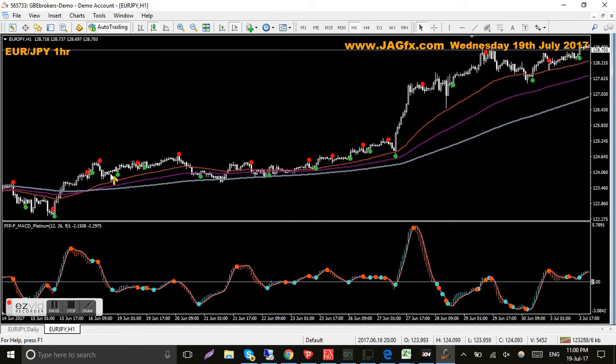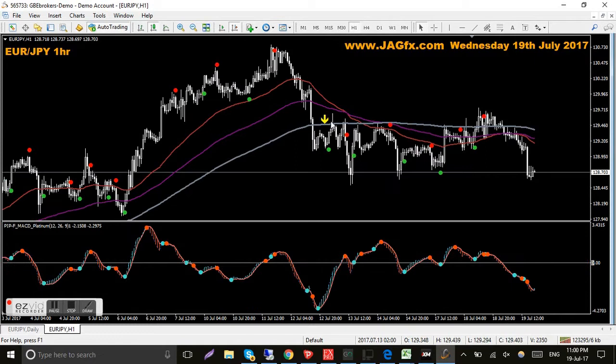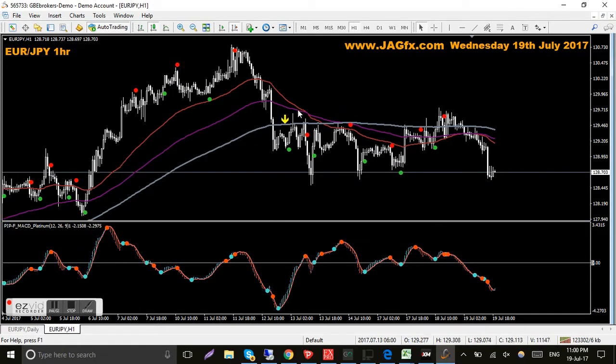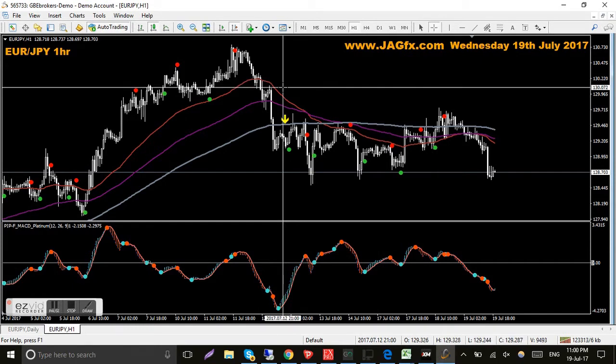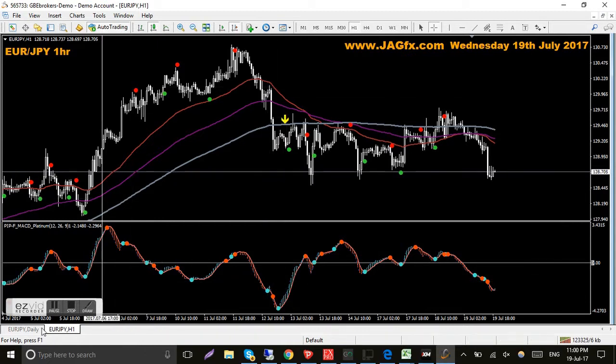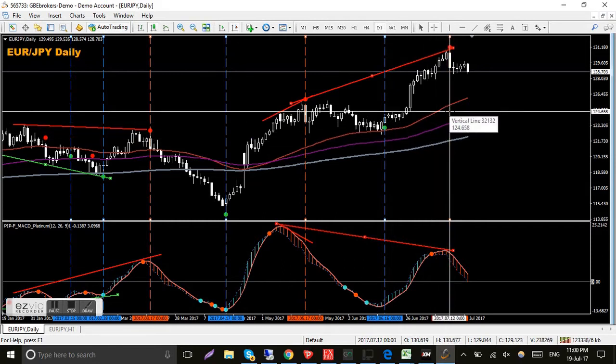Here's a yellow arrow here, that just represents the higher time frame on the daily chart. So if we look at this one here, for example, it looks like it's the 13th of July. So we go back to the daily chart, and it'll be this one up here somewhere, which will be around the 13th, so 12th, yeah, there's the 13th.